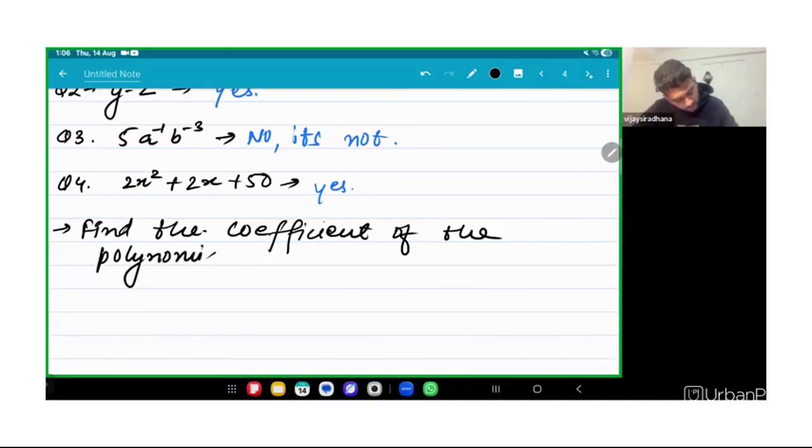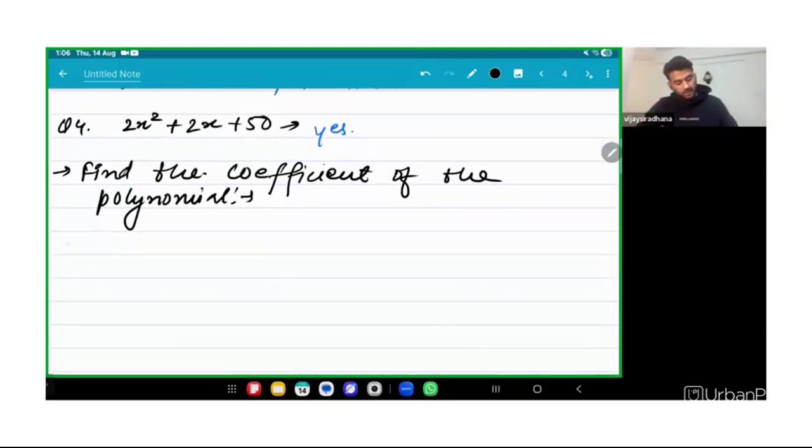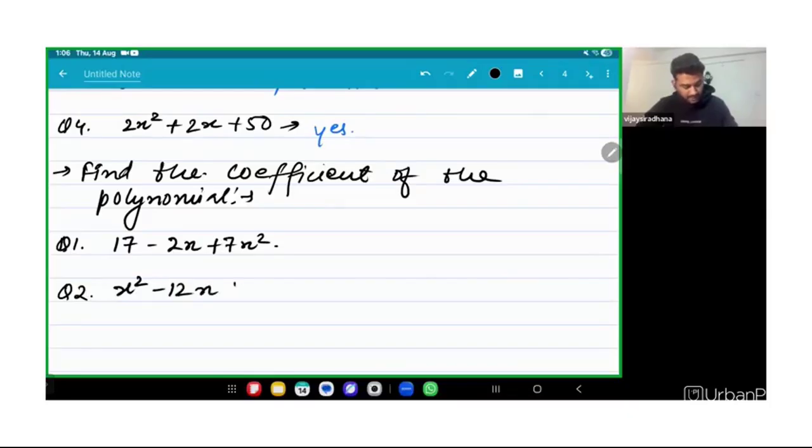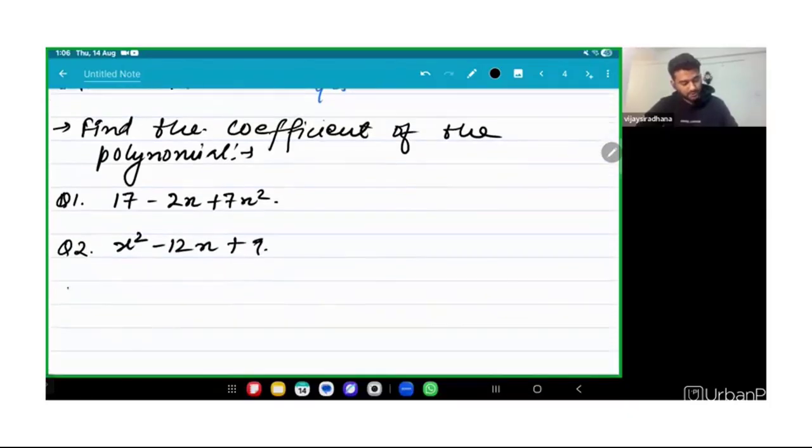Now, in finding the coefficient of the polynomial, question number 1 is 17 minus 2x plus 7x square. Question number 2 is x square minus 12x plus 9. Question number 3 is pi x square minus 2x plus 1.